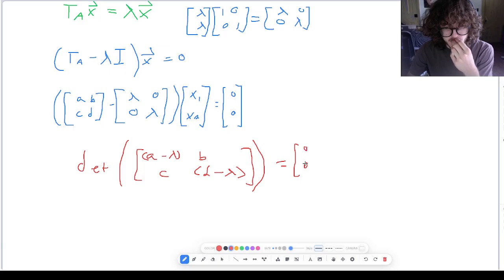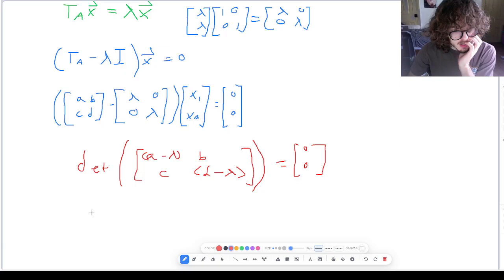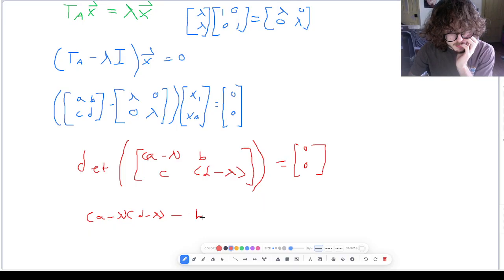In fact, you take the determinant. In this case, it would be A minus lambda times D minus lambda, minus BC, equals 0.